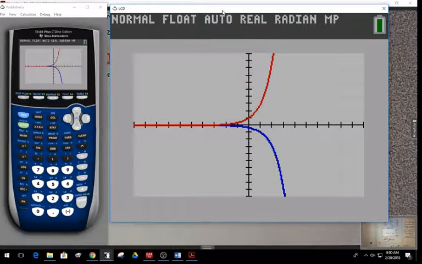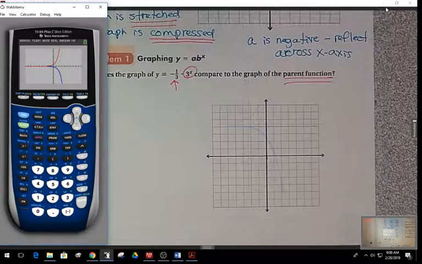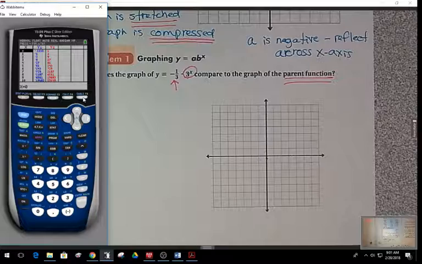Okay, so I'm going to just copy these graphs on here. If you wanted to be more precise with it, you could look at your table, and your actual graph, negative 1/3 times 3 to the x, uses the x column and the blue y column.